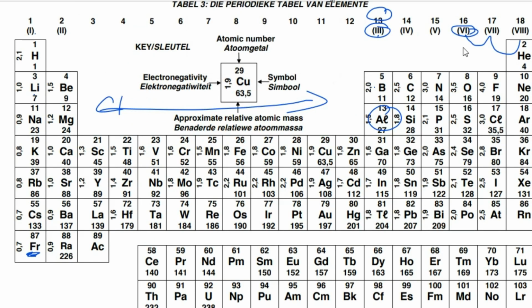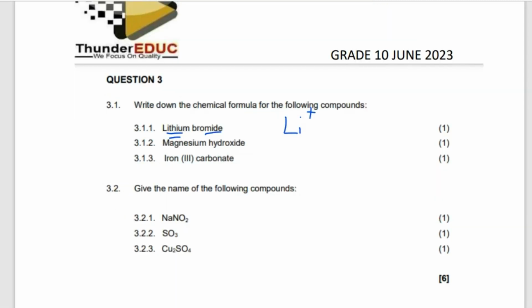It's only remaining with 1 electron to form a group 8, meaning that it's negatively charged. So these cancel, and there is nothing to cross. So lithium bromide is done.